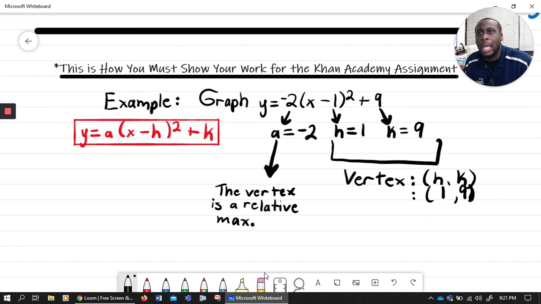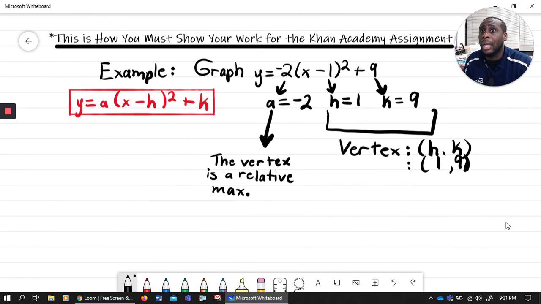Vertex is 1, 9. Yes. All right, so the vertex is 1, 9. This will be a relative maximum. And then what I want you to do, guys, is just do a little sketch here.